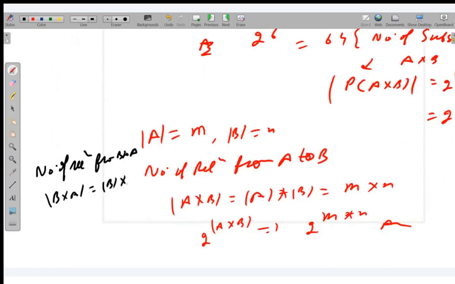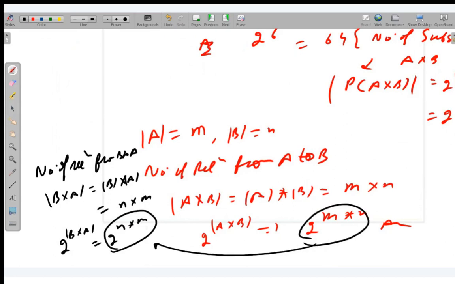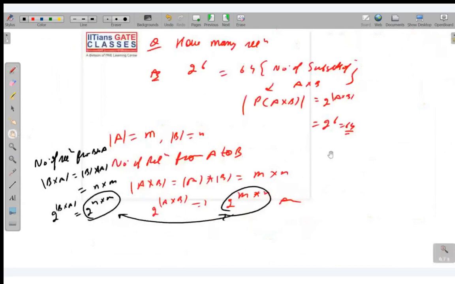B cross A cardinality will be n multiplied by m. So it will be 2 power the cardinality of B cross A, that will be 2 power n times m. And obviously we know n multiplied by m or m multiplied by n, one and the same thing. Is it okay, sir? Yes. Take snapshot. Then I will jump to the next slide.